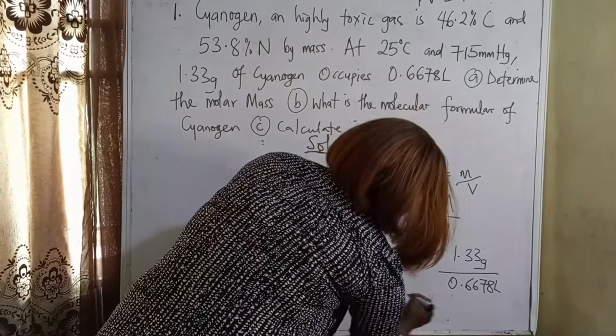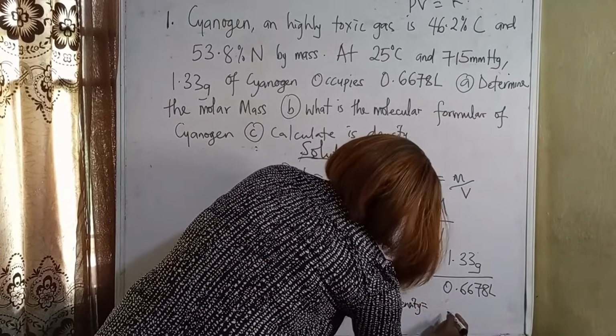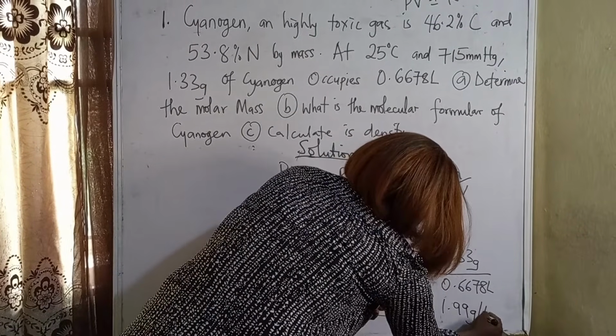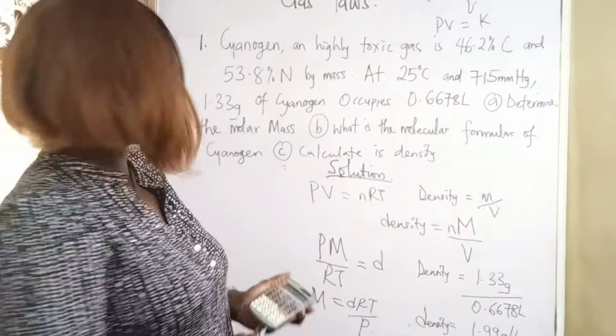So it therefore means that the density of cyanogen is equal to 1.99 grams per liter. So that is the density of cyanogen.